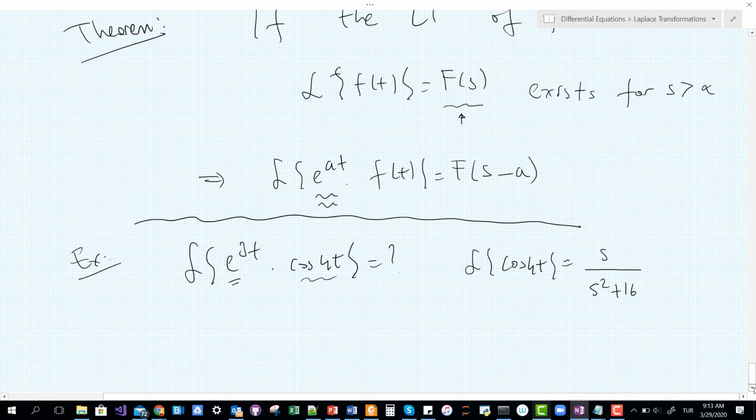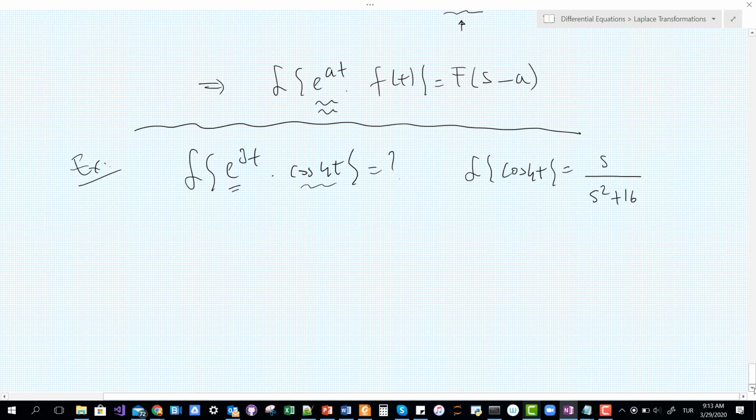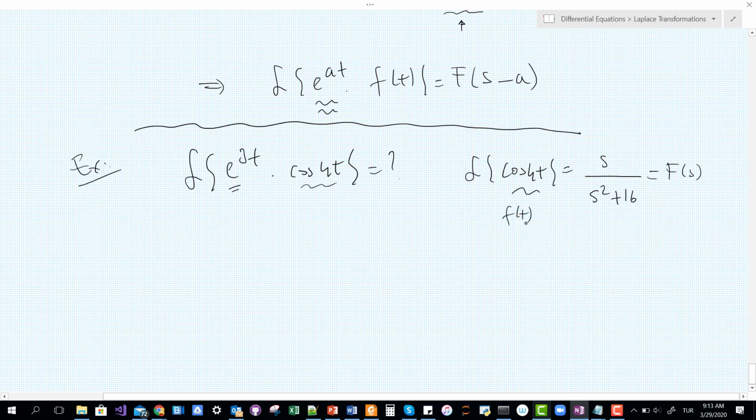I can use my table to get the Laplace of cosine 4t, but my problem is not the Laplace of cosine 4t. My problem is e to the 3t cosine 4t. Since my function is f of t, the Laplace of f is equal to F of s. But the Laplace of e to the 3t times my f function, cosine 4t, is going to be equal, from the theorem, to a shift of my big F. My big F was s over s squared plus 16.